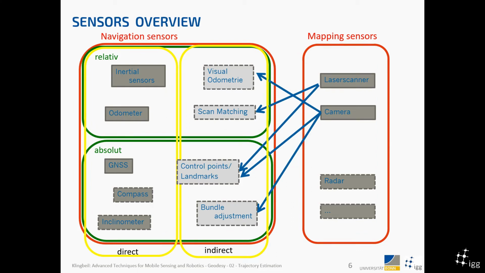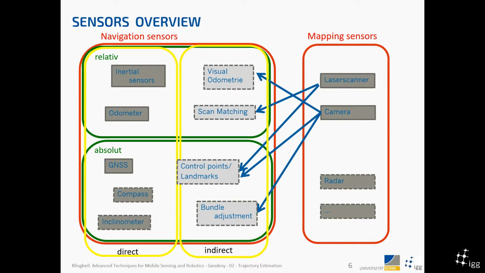Okay, last semester we talked about different sensors that are involved in those mobile mapping systems, and there were many mapping sensors, like the sensors which are actually used to observe the environment, like laser scanners and cameras. We will not talk about them today. Then we are interested in navigation sensors, and the navigation sensors that we have seen already last semester are inertial sensors, odometers as relative sensors, and mainly GNSS as absolute sensors.